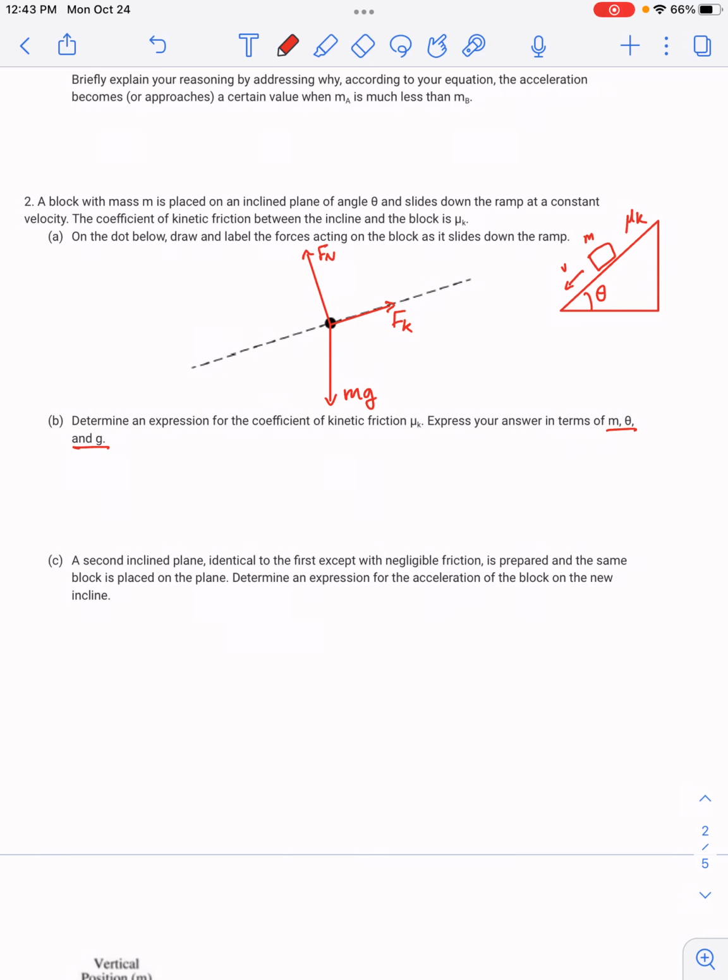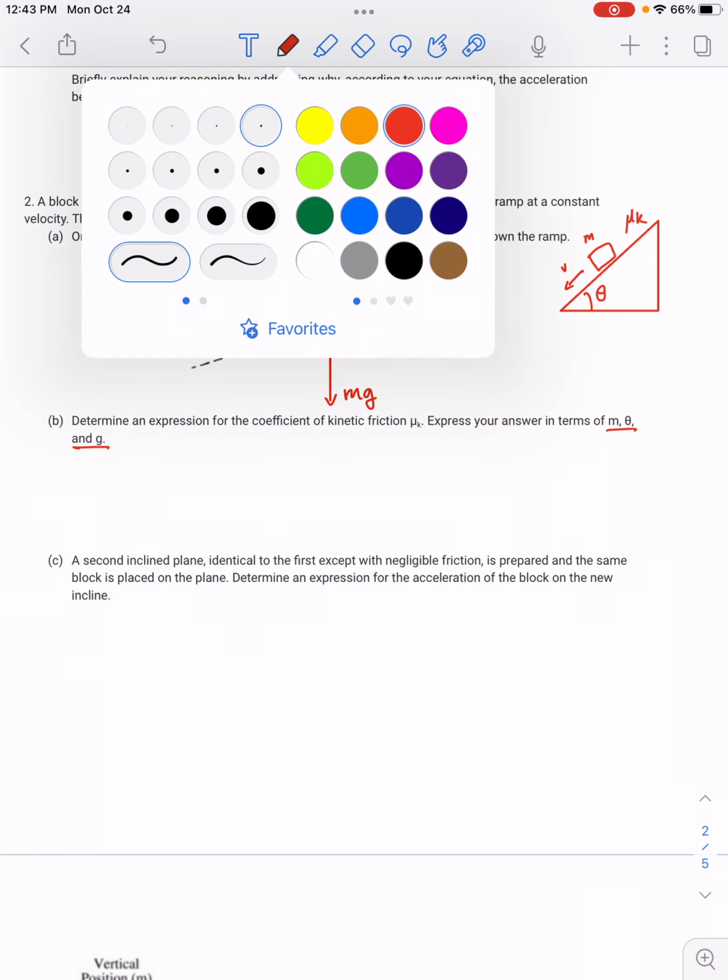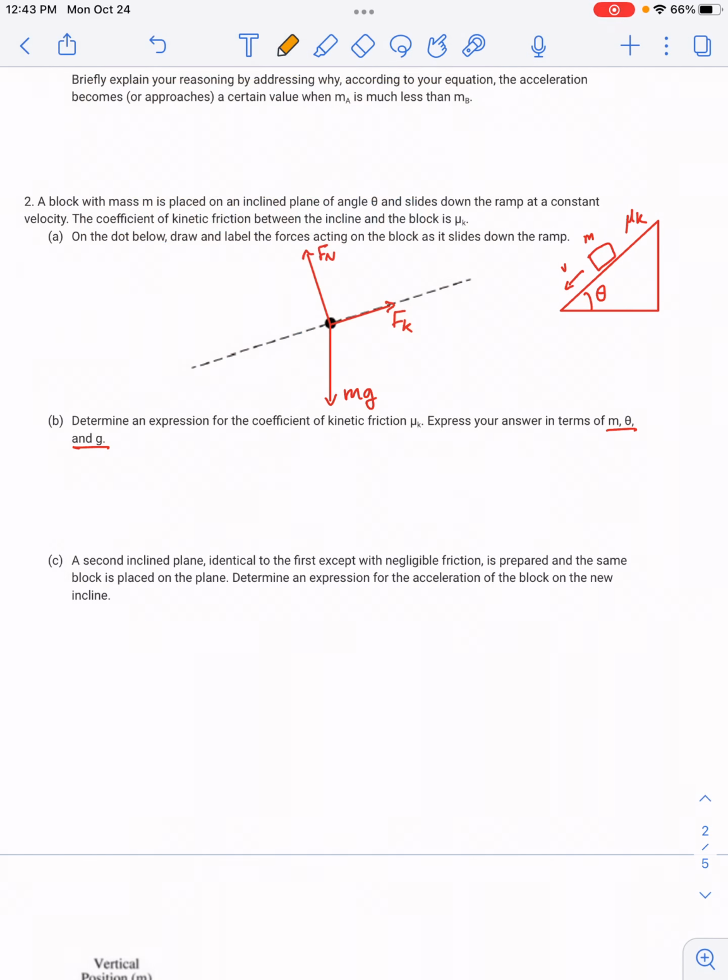First thing we need to do is break the components of gravity into their y and x values, right? So if that's theta there, then we're going to have a component for gravity along the x-axis, pointing this way, this blue arrow here, which is mg in the x direction, and then a y component like this, which is mg in the y direction.